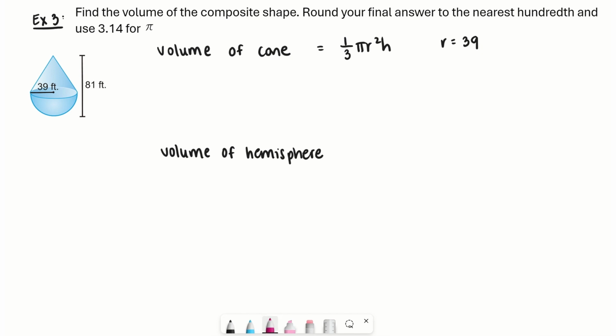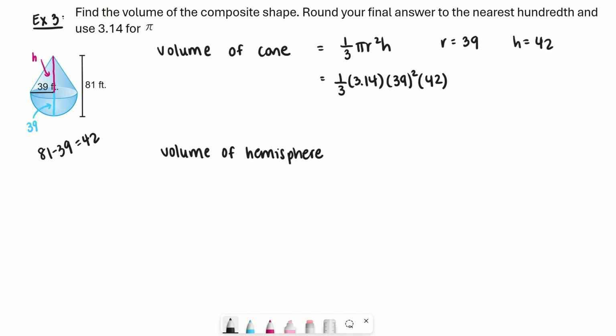Now I just want to find the height, which is this length right here. If the radius of the hemisphere is 39, then this length is also the radius, which is 39. So to find the height, I can just do 81 minus 39, and that will give me 42.